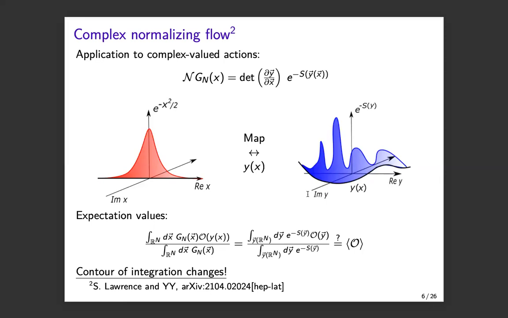Because it's a different contour, it's not obvious. So there are some constraints to this map, or equivalently to this new contour, that it has to satisfy so that this map gives you the same correct expectation values.